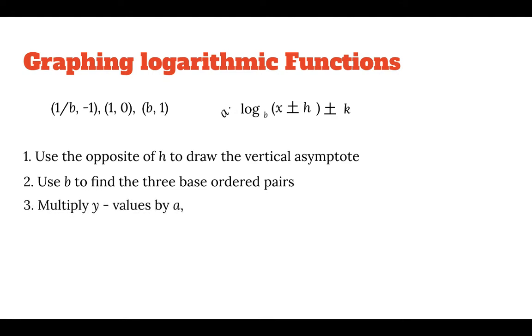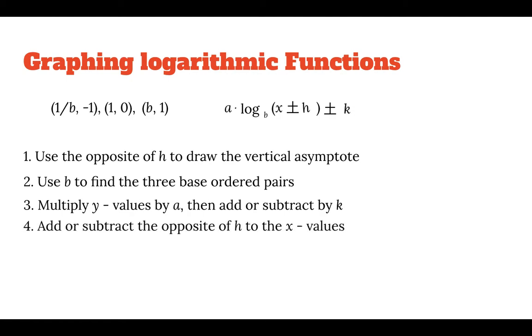Step 3, I'm going to multiply my y values by a if necessary. And then I'm going to add or subtract by k to those y values. Step 4, I will add or subtract the opposite of h to my x values if necessary. And step 5, I'll plot those points that I come up with and I'll draw my graph.